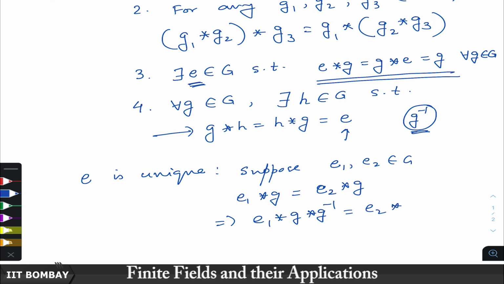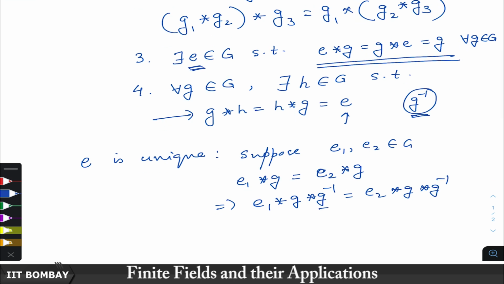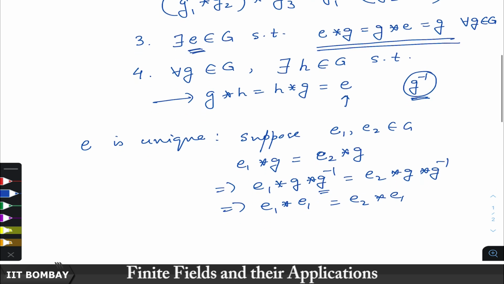So, this is same as E2 star G inverse, and let us say G inverse here is taken with respect to, it does not matter, E1, and then what you get is E1 star E1 is same as E2 star E1, but because E1 is identity element, this gives us E1 equal to E2.